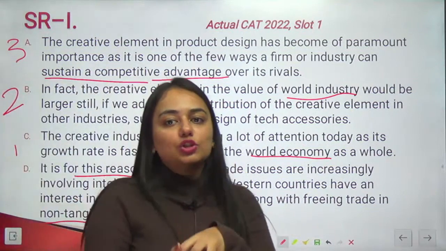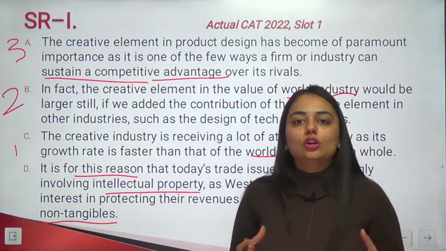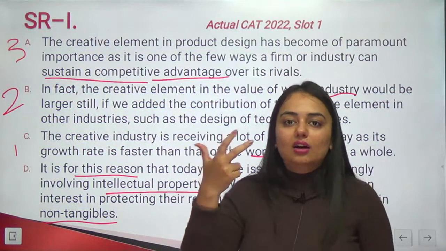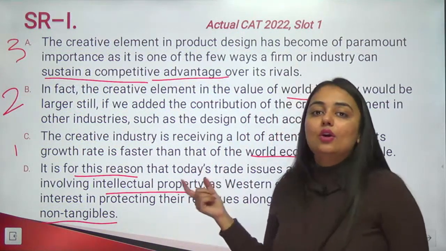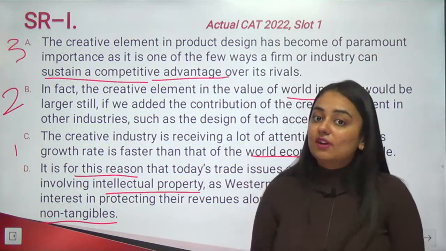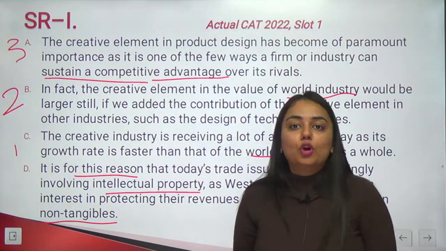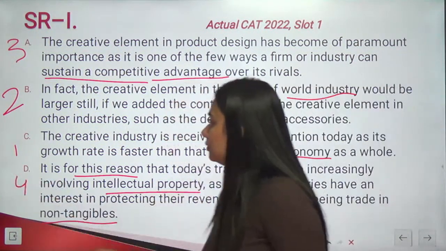Tangible is something which you can touch, touchable. Non-tangible is things that you cannot touch. So this particular thing, being creative, is not a physical aspect. You cannot touch it. It is non-tangible. And now today, the global industry, they are investing in it and they are thinking of every aspect how they can protect it. So this is what the order should be.